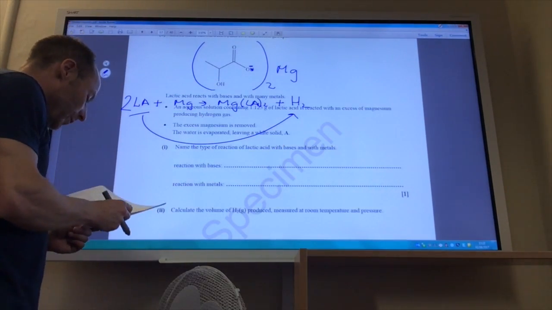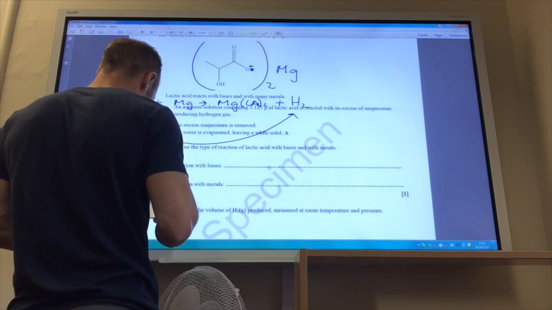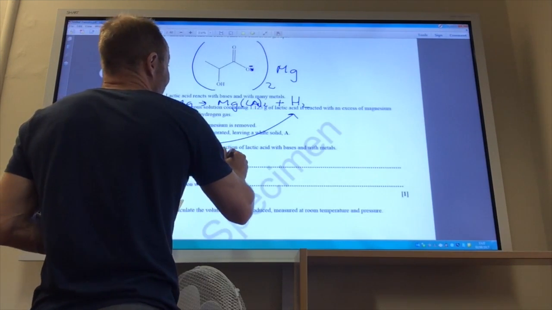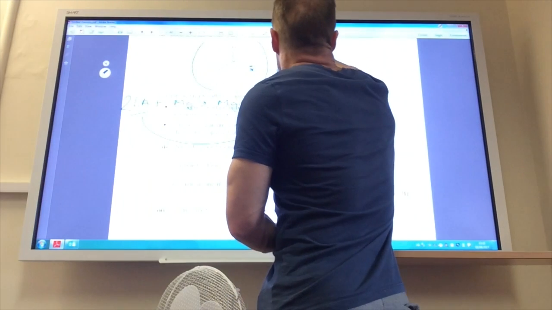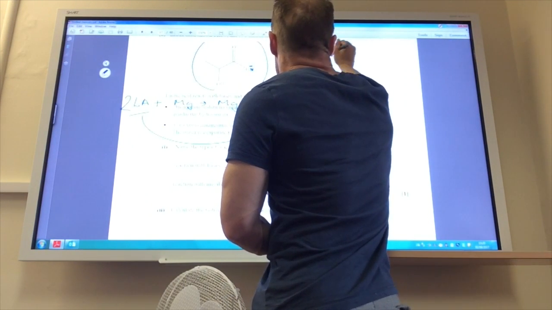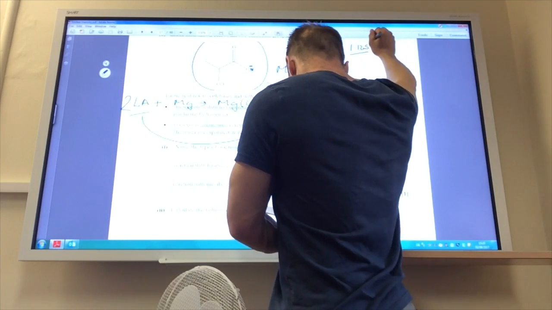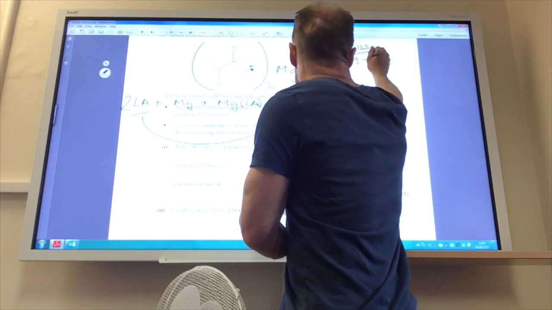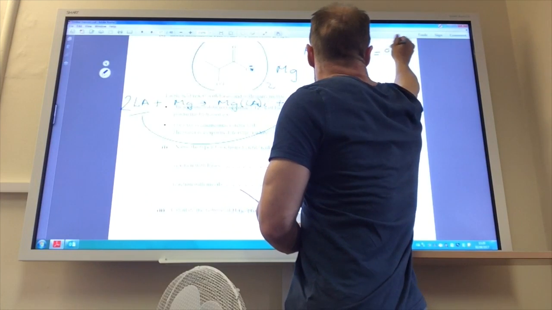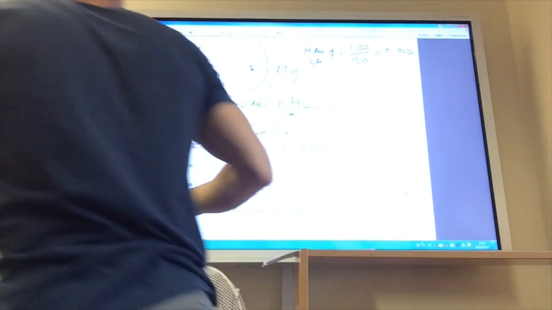So I first of all find the moles of lactic acid that I need. So let's do that up here. Moles of lactic acid is going to be the mass, 1.125 grams, divided by the molar mass, which is actually 90. That comes to 0.0125. Right.